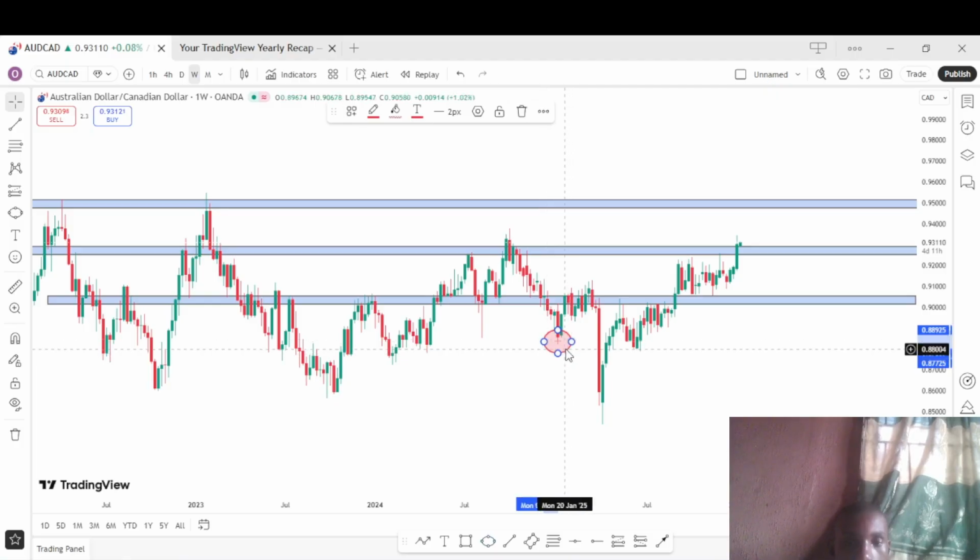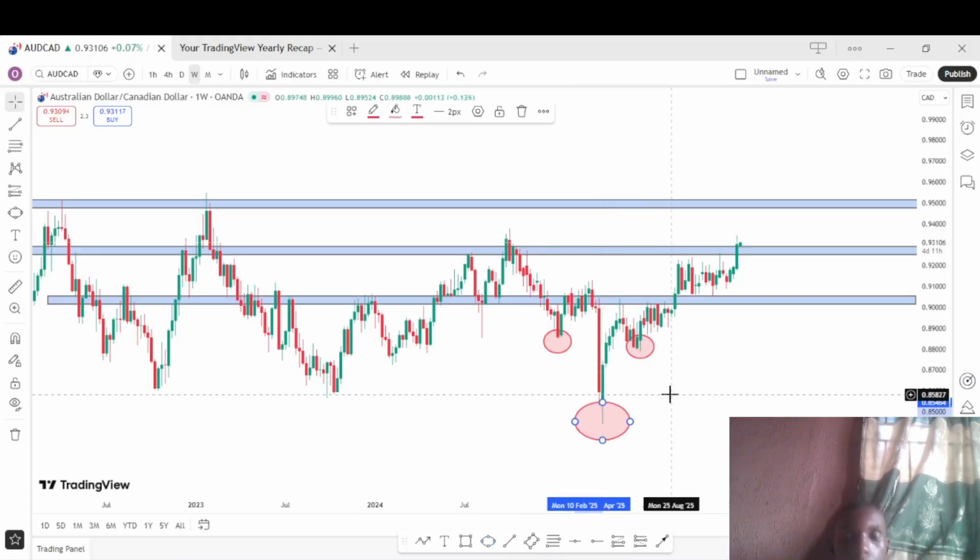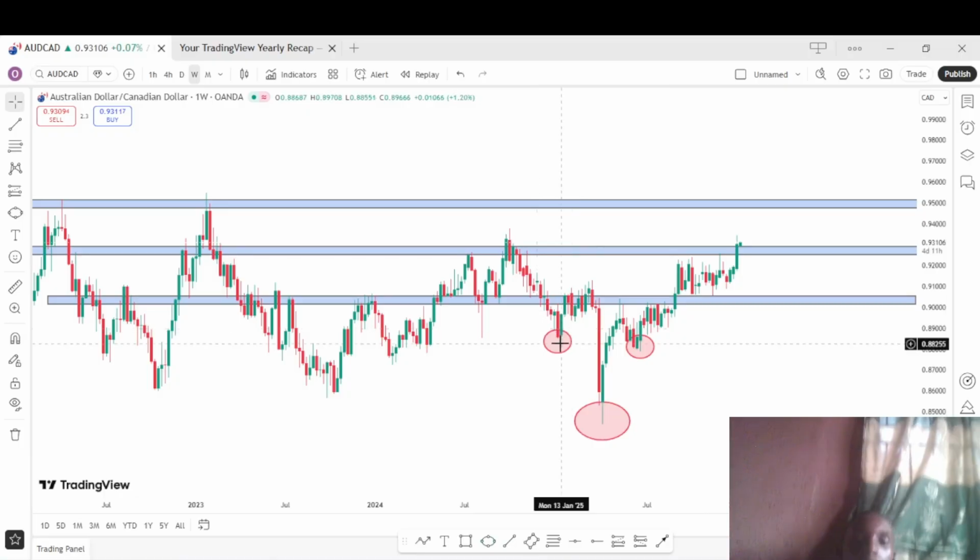Let me clone this. And a big head. So this is shoulder, head, and shoulder, and this is the neckline.